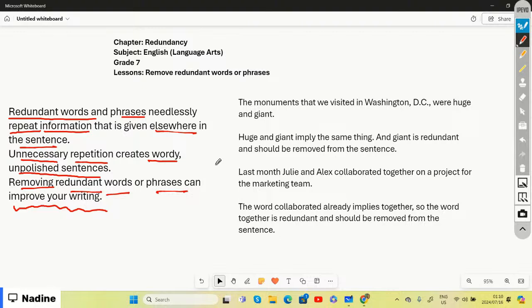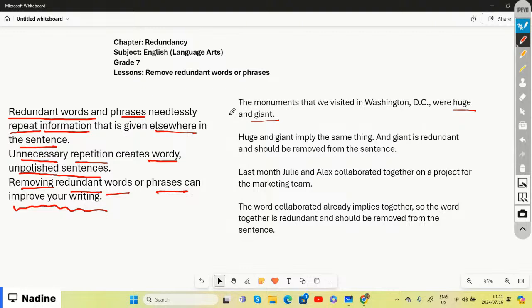It says: the monuments that we visited in Washington, D.C. were huge and giant.